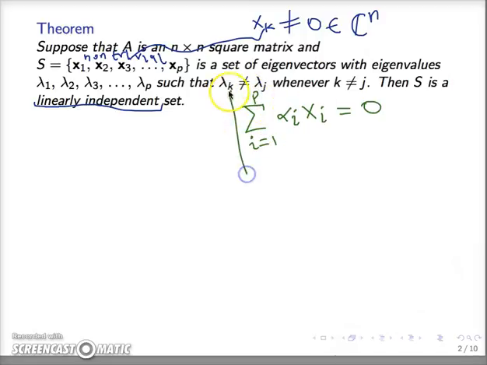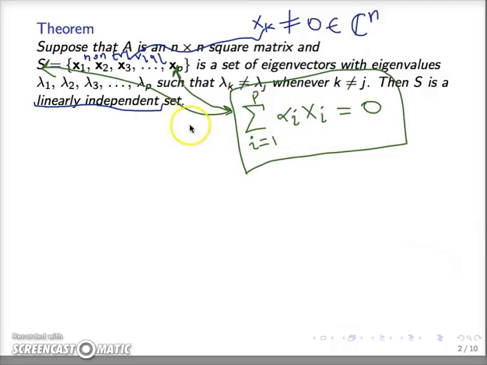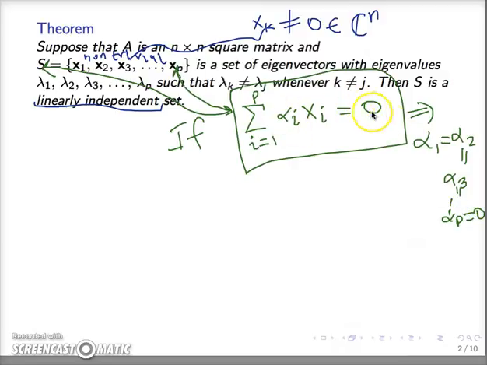So this would be a linear combination involving all the vectors in this set S. To address linear independence, if this relation is true, we would need to conclude that alpha 1 is equal to alpha 2, which is equal to alpha 3, which is equal to all the alphas, alpha sub p being equal to 0. We start with a linear relation and conclude that all the coefficients, all the scalars, are 0. That would give us linear independence.